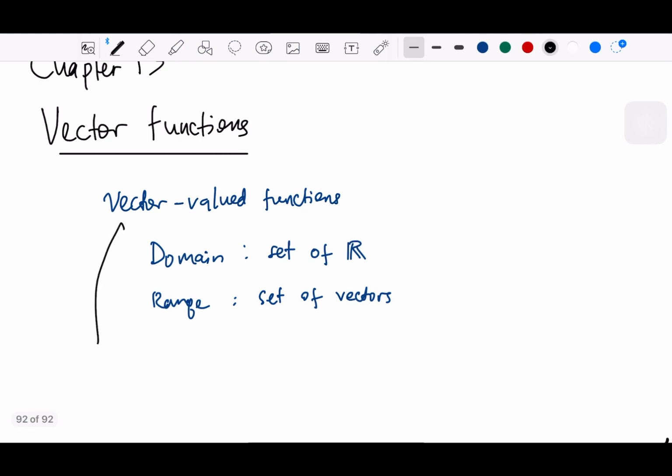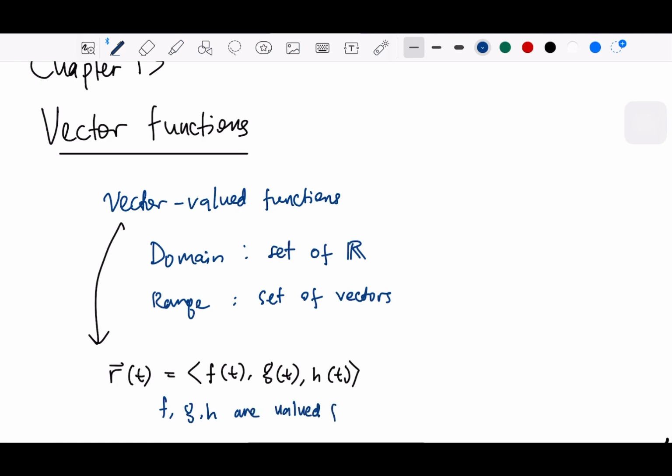Usually we write the vector valued function as r(t) like that. And this is going to be written as f(t), g(t), h(t), where f, g, and h are all real valued functions.